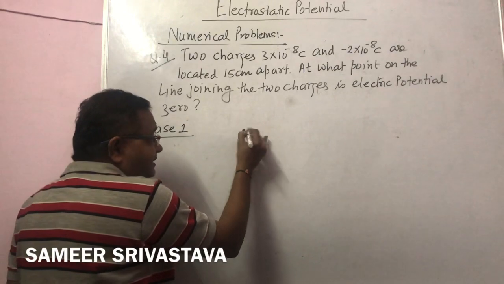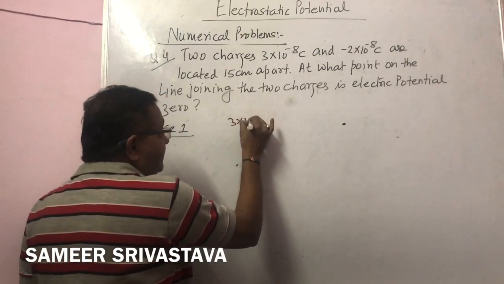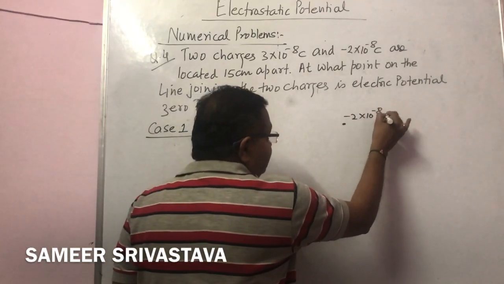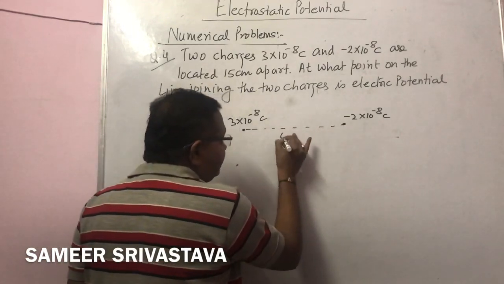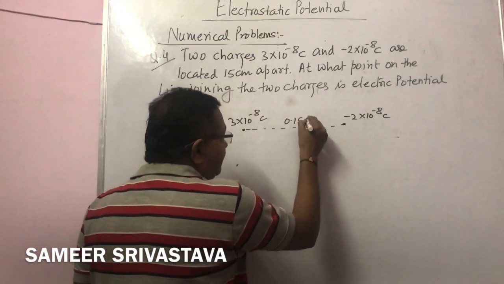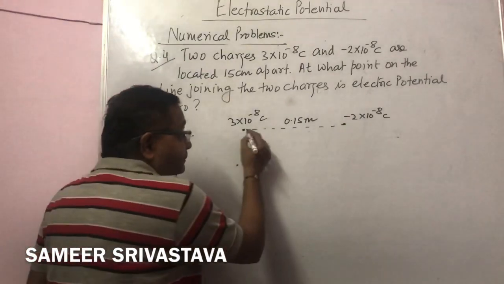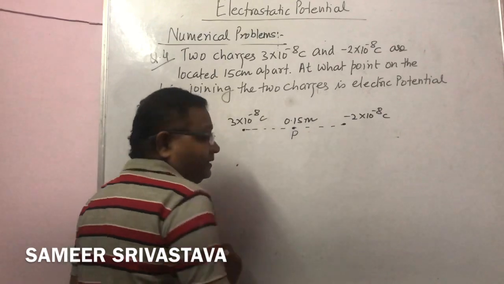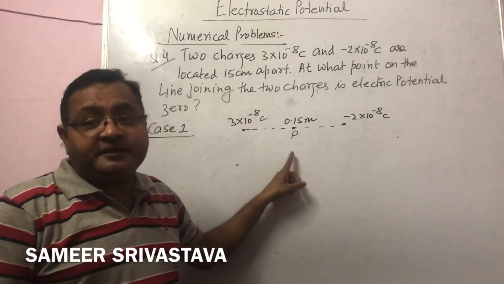There are two charges, Q1 is 3 into 10 to the power minus 8, and the second is minus 2 into 10 to the power minus 8 coulomb. They are separated by 15 centimeter, that means 0.15 meter. Now, in case 1, I assume the point inside, in between these two charges, where the total net potential will be 0.